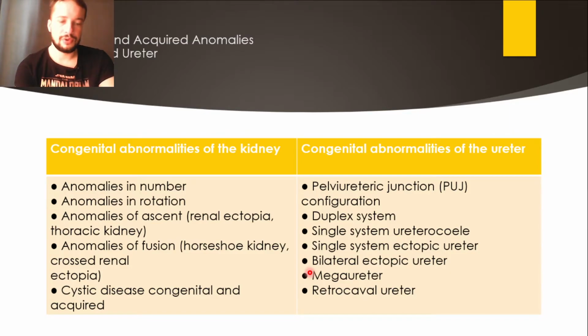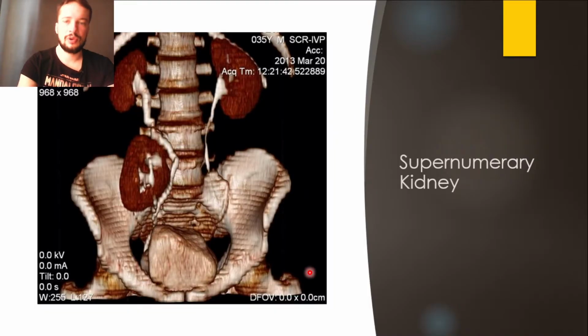Okay, there we see congenital and acquired anomalies of kidney and ureter, and you see a table with many types of anomalies. There is supernumerary kidney.